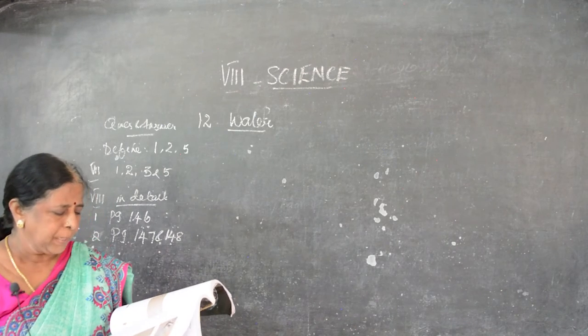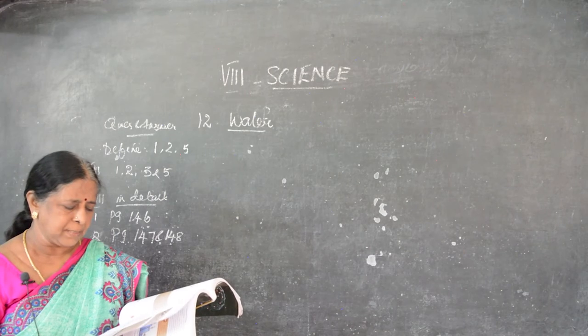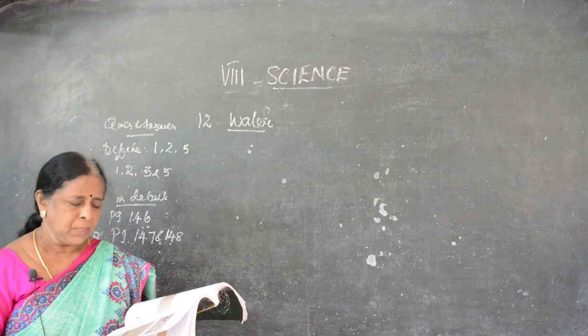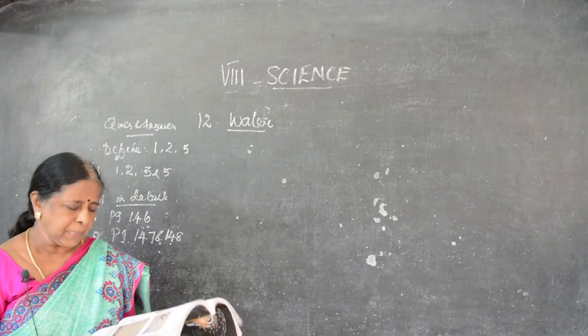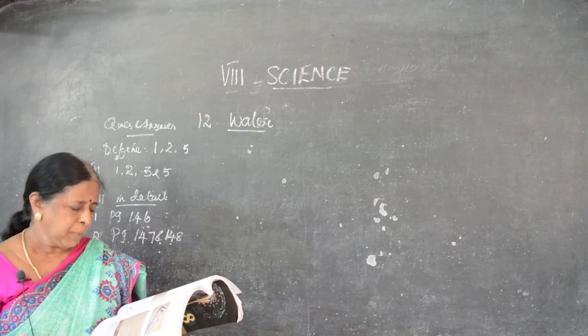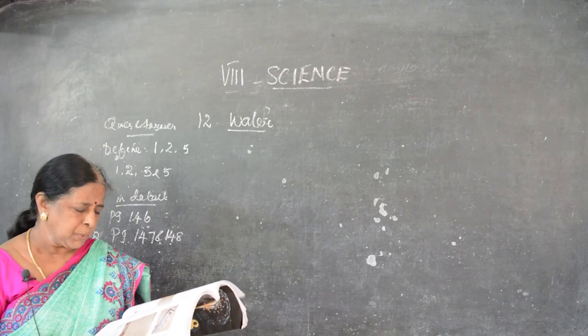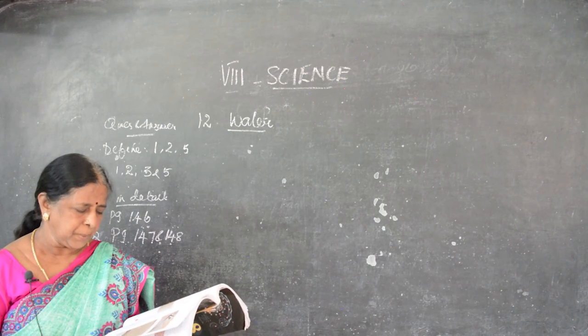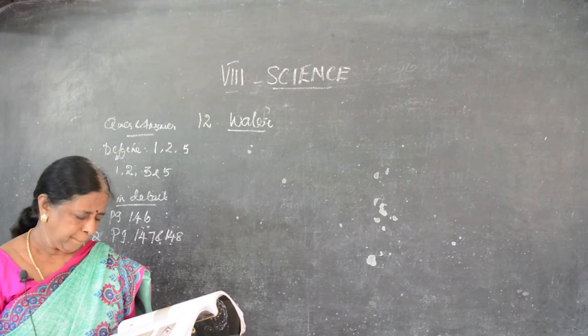Next to the diagram, that paragraph from down third line. Permanent hardness results due to, did you find it or not? That paragraph from down third line: permanent hardness results due to the presence of chloride, sulfate salts of calcium and magnesium. Then close the bracket.